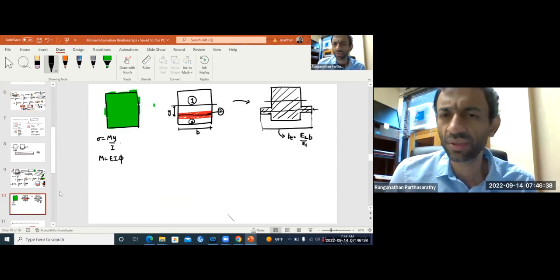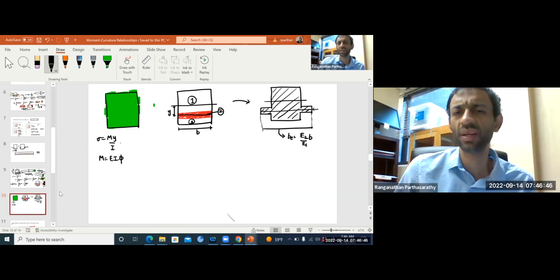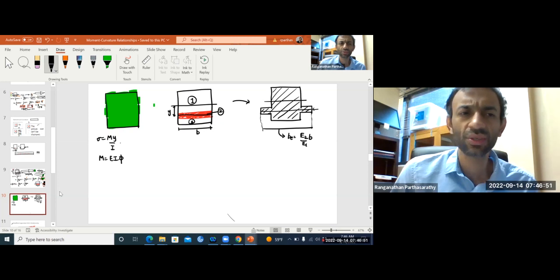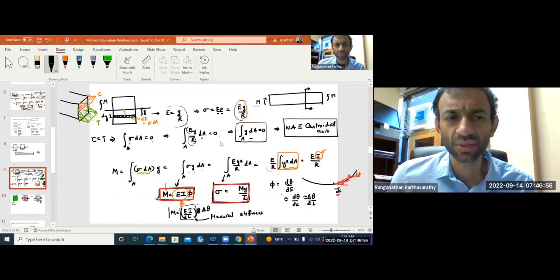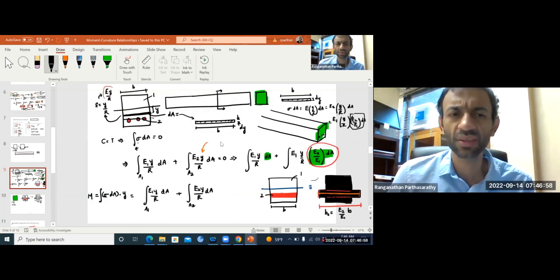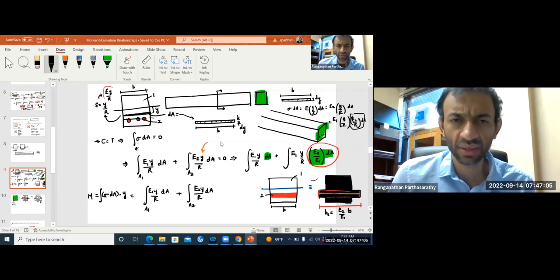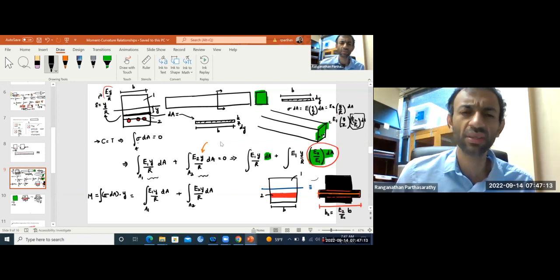So for this one, your equivalent width is E2 by E1 times the original width. So this is your equivalent cross-section, and this allows us to use all the equations for a homogeneous beam. In mathematical form, when you write force equilibrium for the non-homogeneous beam, it has to be written in two parts, over the area of material 1 and over the area of material 2.